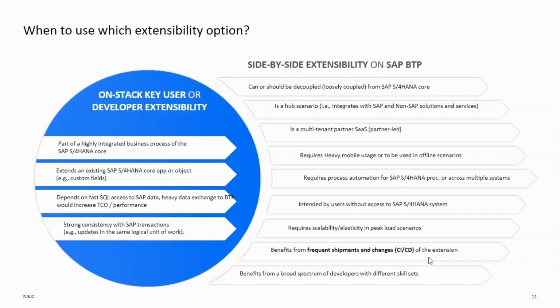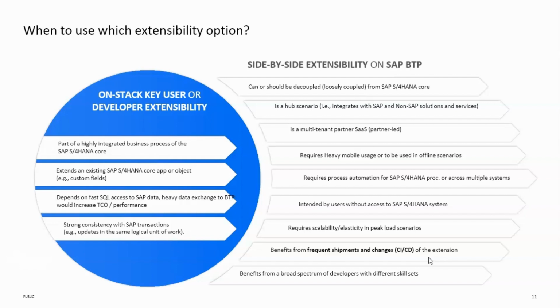It extends an existing SAP S/4HANA core app or object and depends on fast SQL access to SAP data. Heavy data exchange to BTP would increase the TCO and hurt performance. And we have strong consistency with SAP transactions, for example updates in the same logical unit of work.